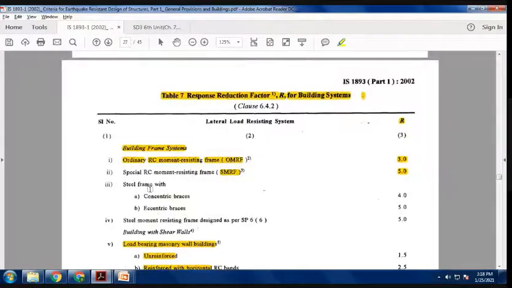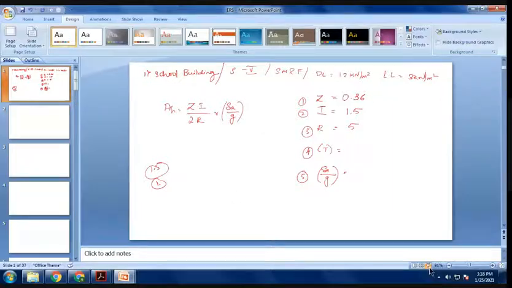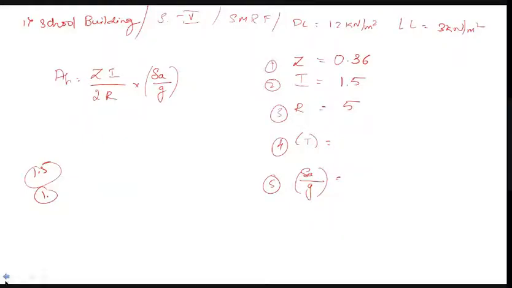Here from table number 7, he says that it is a special moment resisting frame. Its value is 5, correct? So I have taken the value of 5. Then we have got the I value and R value. Then we need the value of T.